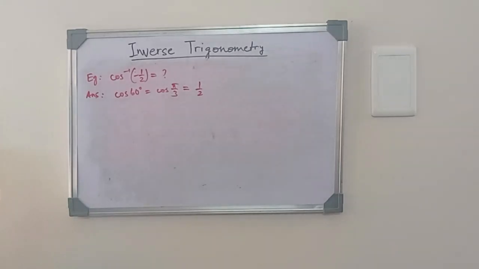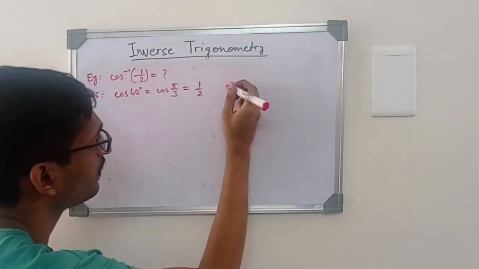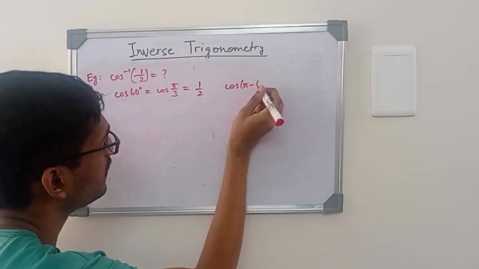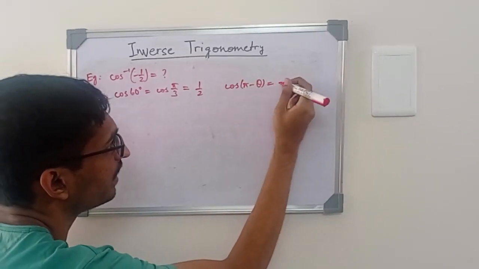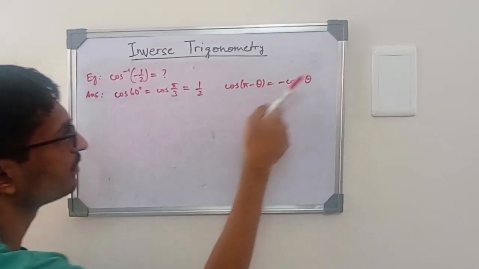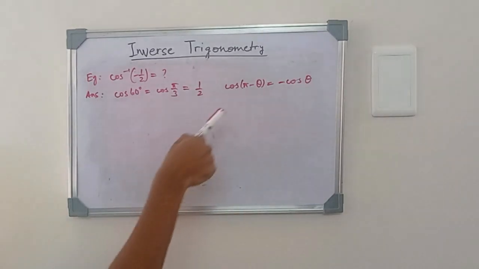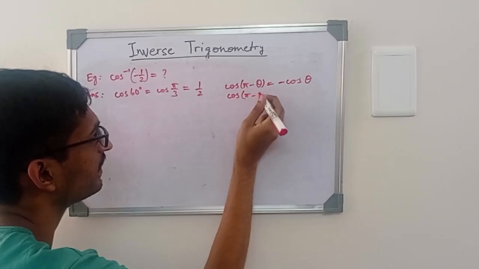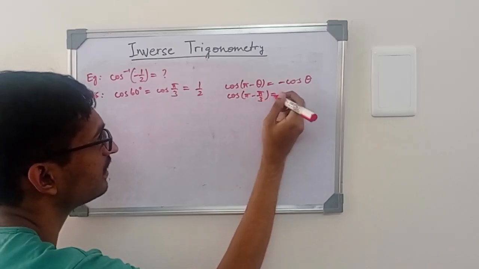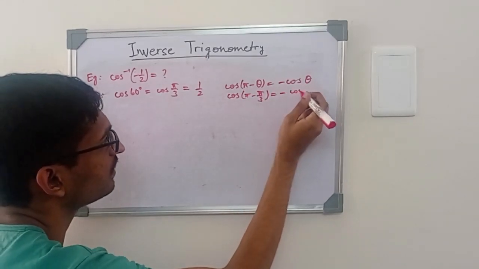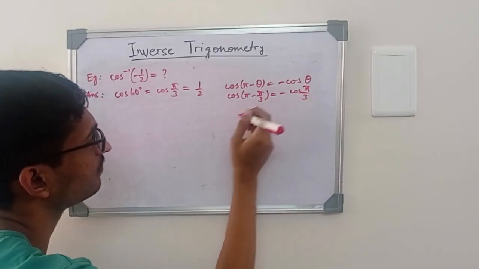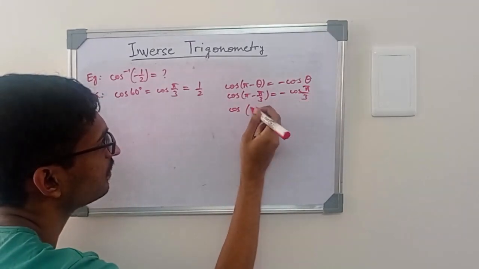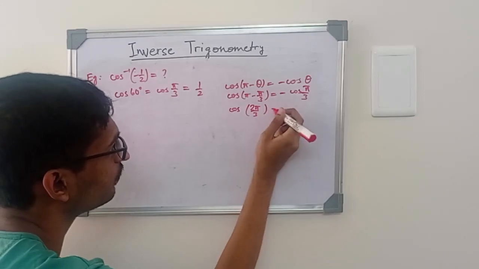For this we make use of the property cos of pi minus theta is equal to minus cos theta. So if you put theta is equal to pi by 3 in this, we get cos of pi minus pi by 3 is equal to minus cos pi by 3. Cos 2 pi by 3 is equal to minus half.